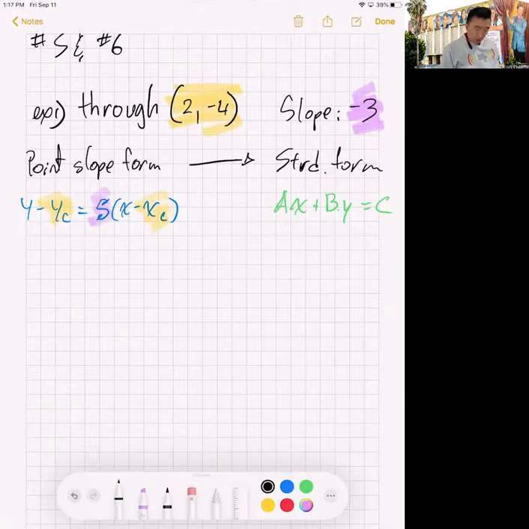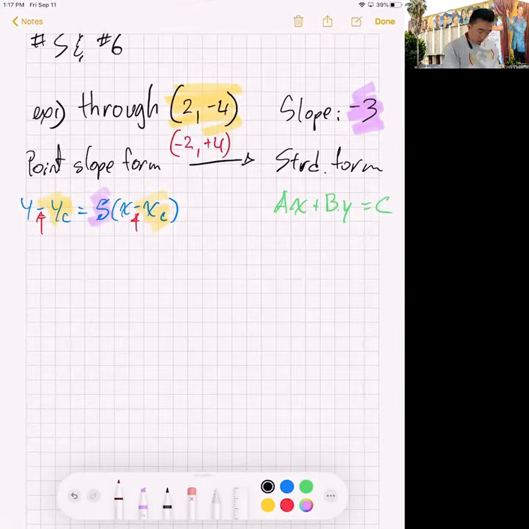And then we'll go from there, right? So before we plug in these numbers into y coordinate and x coordinate, this negative right here means that you have to take the 2 and the negative 4 and convert it into the opposites. So it becomes negative 2 comma positive 4, right?